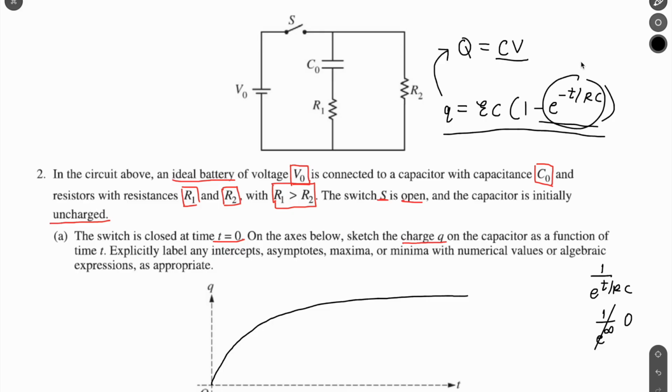So this entire term goes to 0, and our Q is essentially going to be equal to EC. That's what our asymptote is going to be. Our electromotive force in this situation is provided by V initial, so this is just V initial times C initial, as per the constants provided.